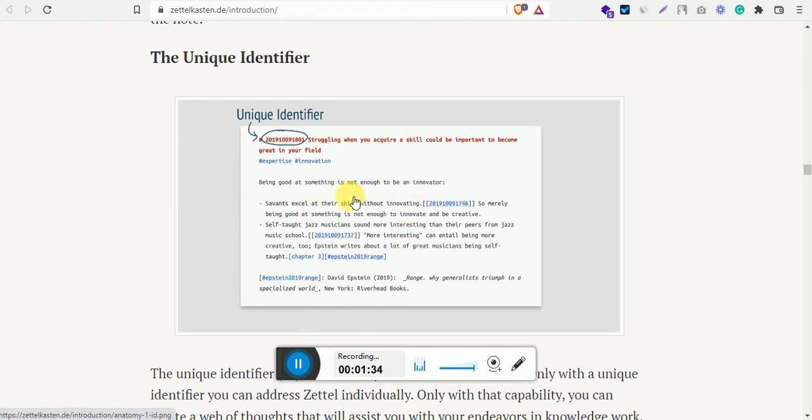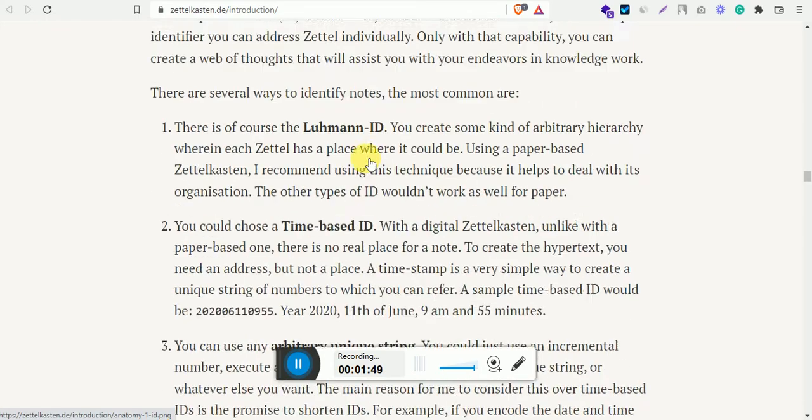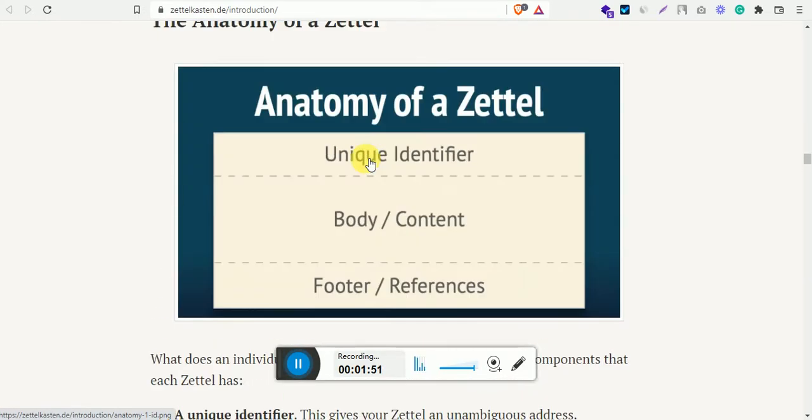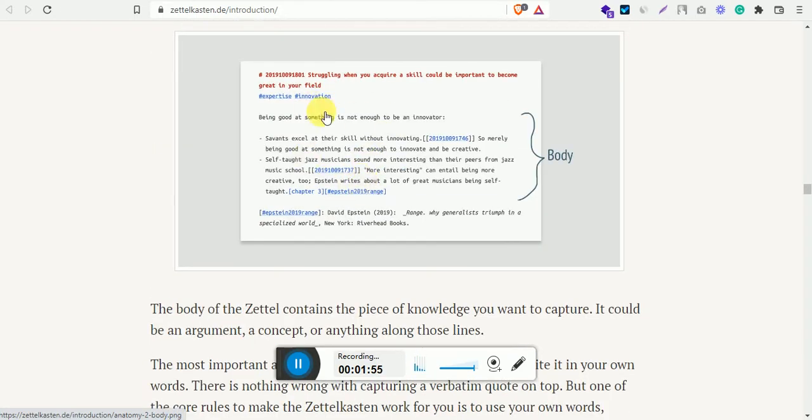So this should be related to only one piece of thought. This thought should be the atomic unit of what you are actually thinking. It should not contain more than one piece of thought. You can simply see it here as well. This is one and the same thing.